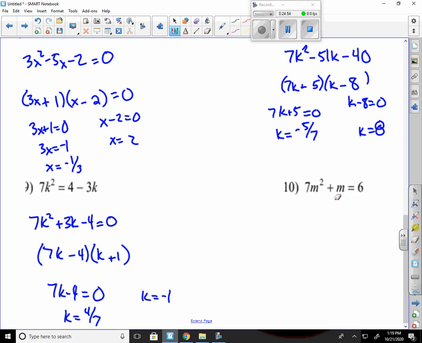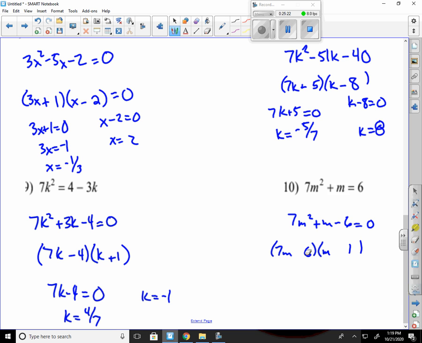Last one, 7m squared plus m minus 6 equals 0. It's going to be a 7 and 1. Minus 6 breaks down to, I can either do 3 and 2, or I could do 1 and 6.